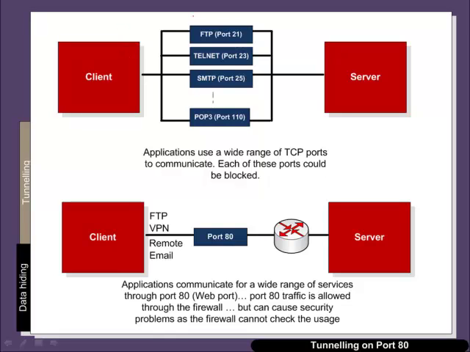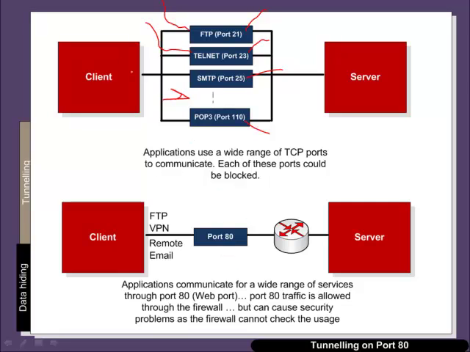Another problem that we're facing is that the internet's been created through standard ports, TCP ports, 21 for FTP, 23 Telnet, 25 SMTP, 110 for POP. And firewalls were typically set up to be able to detect the usage of these ports, especially for the incoming SYN connection.